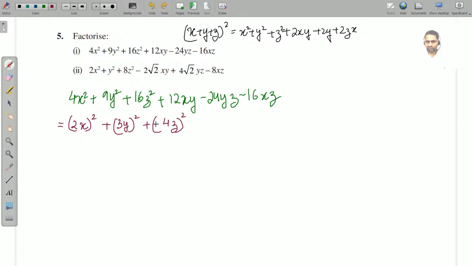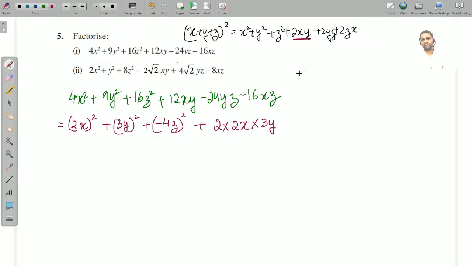So I'll be putting a negative sign over here. So plus 12xy can be written as twice of 2x times 3y. Now what I am doing is I'm just applying this formula. 2xy, 2yz, z should have come over here. Just skip the z over here. Okay. So that is it.